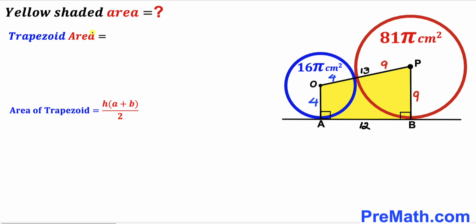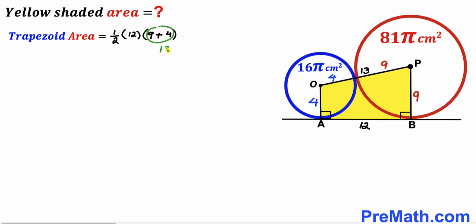So therefore, the area of this yellow trapezoid is going to be a half times our height 12 times the sum of the bases 9 plus 4. And now we can see 4 plus 9 is going to give us 13. And 12 times 1 divided by 2 is going to give us 6.